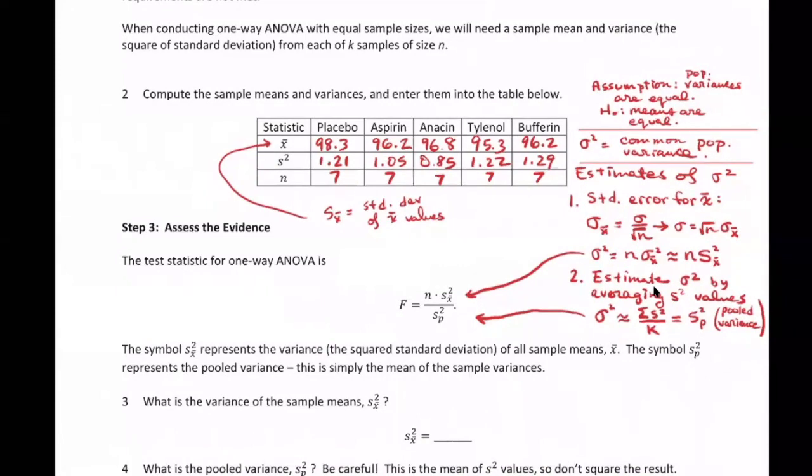These are two estimates of the same value. These should be similar if the null hypothesis is true.